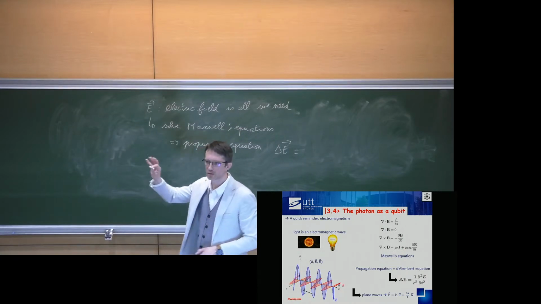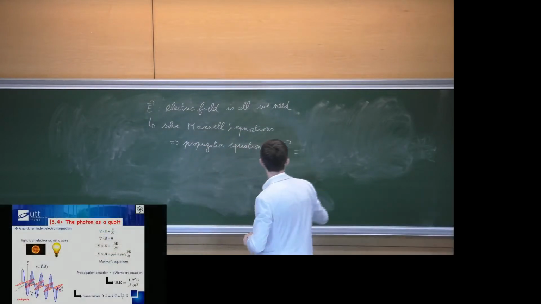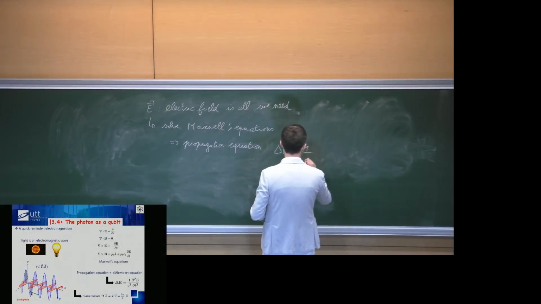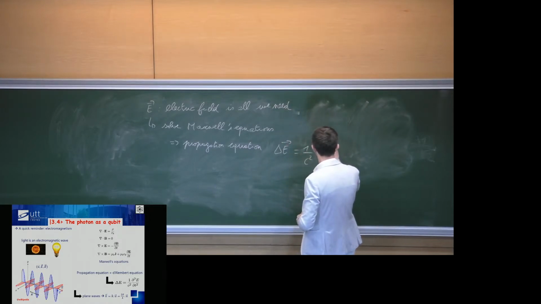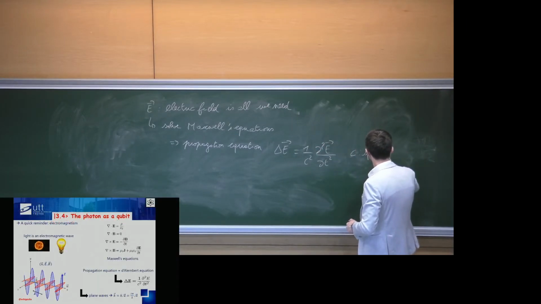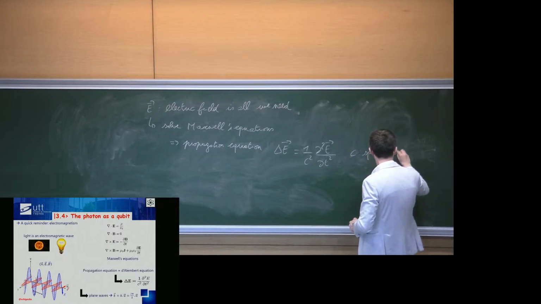It's the bold notation, but they're all vectors. So delta E equals 1 over c squared, the second derivative in time of E, where c is the speed of light.